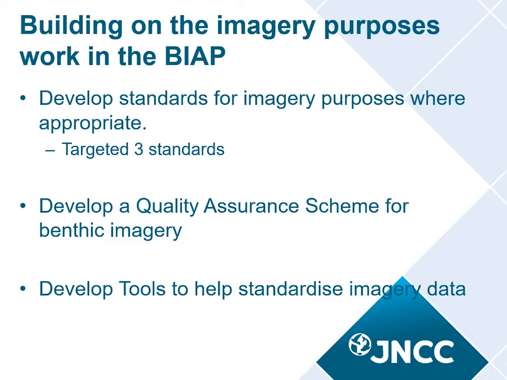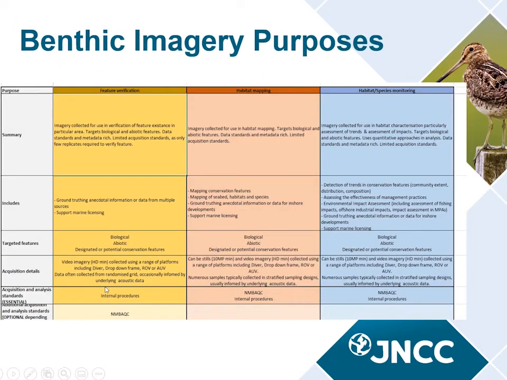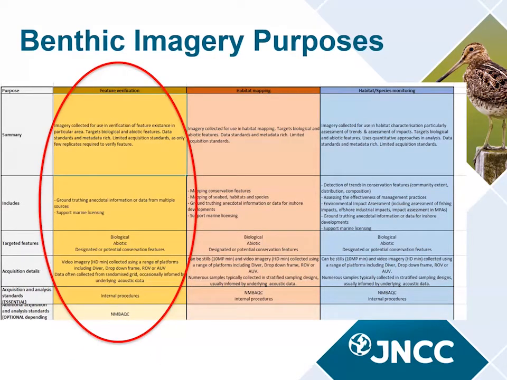So the process of this was built upon those 3 imagery purposes, with the first one being feature verification, the main purpose of which within the work that we did was to identify if something is present in an area that you're looking at, its presence or absence of a target habitat or species.